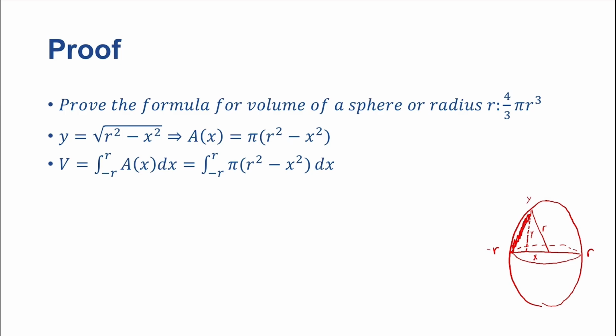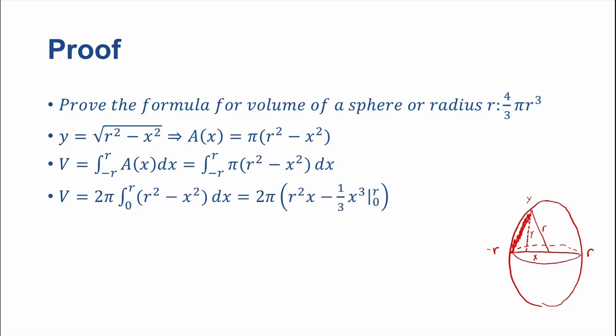Now we can use that integral identity where, if it's an even function, and since this is a sphere we can treat it as an even function, then we pull out the pi, multiply the integral by 2, and change our integral bounds to suit the new identity.